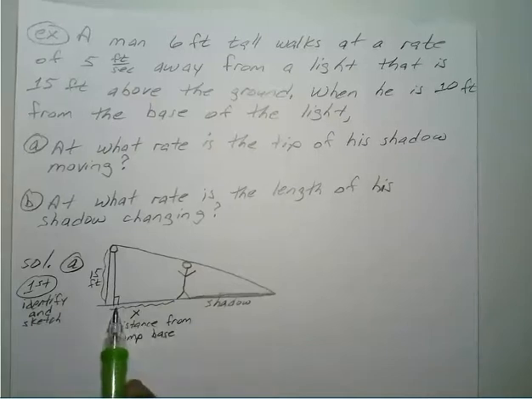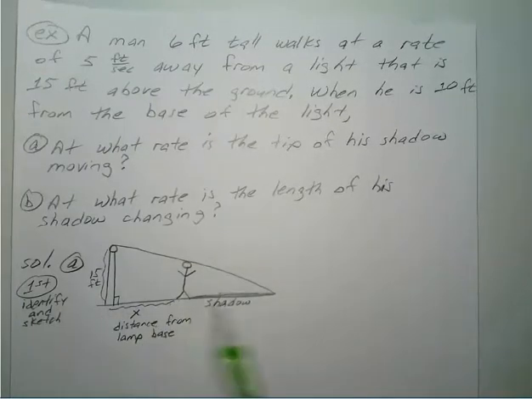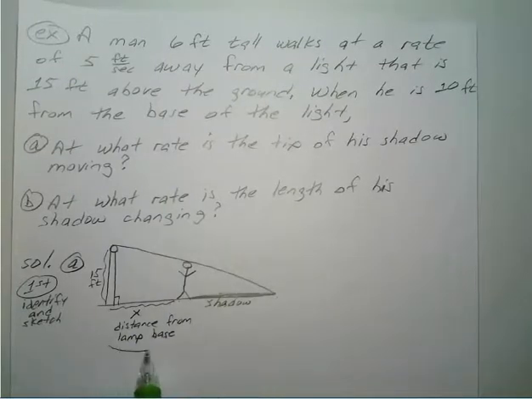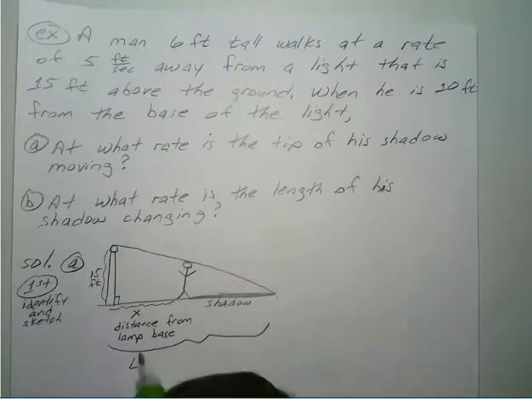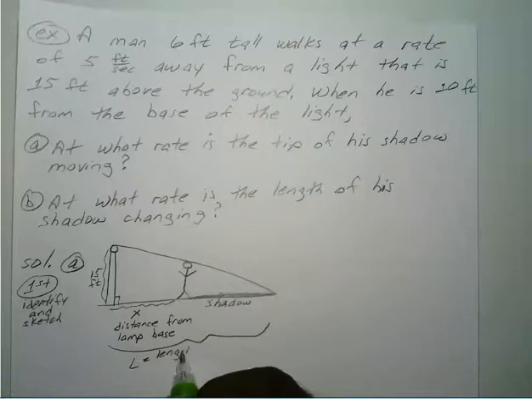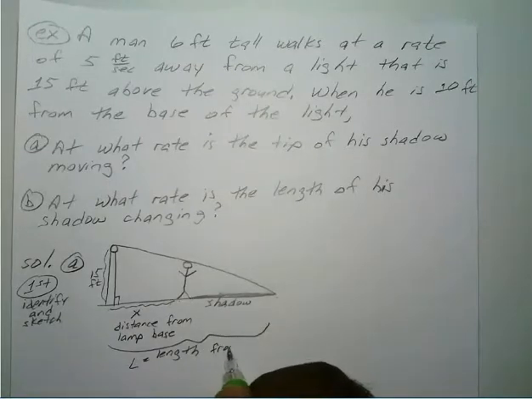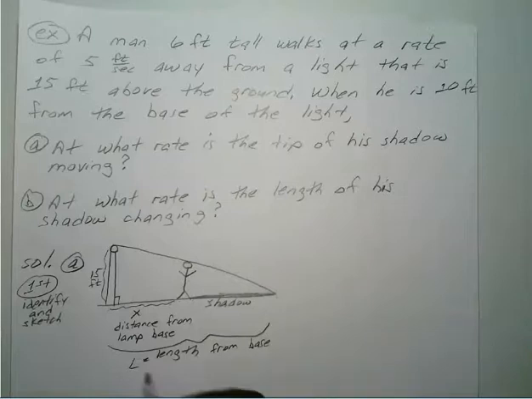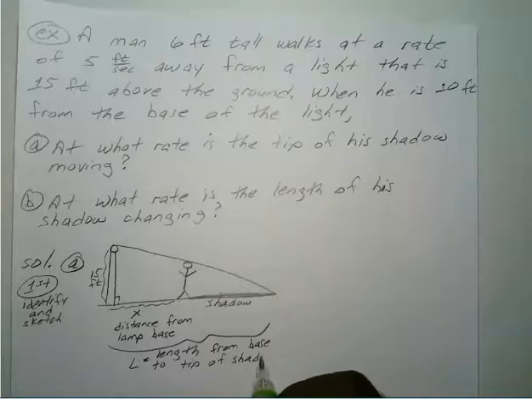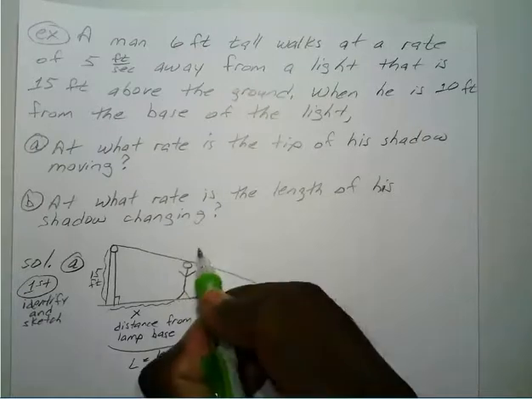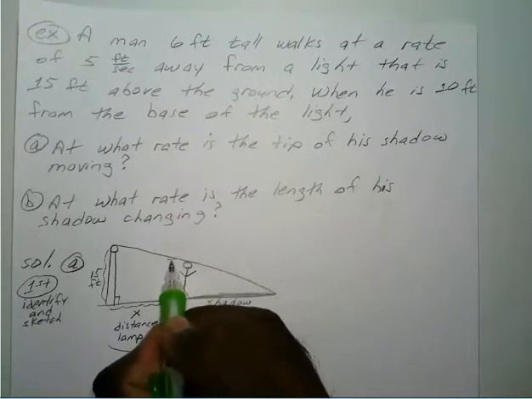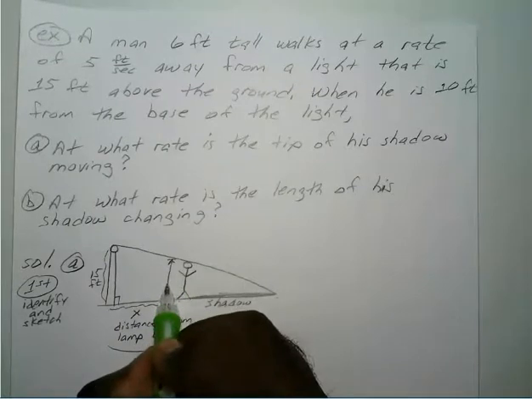Okay, so since we know that this is the distance from the base of the lamp, and this is the length of his shadow, then this entire distance, we'll call that L, which is the length from the base of the lamp to the tip of his shadow. Okay, so we know here we have our 6 foot tall man.